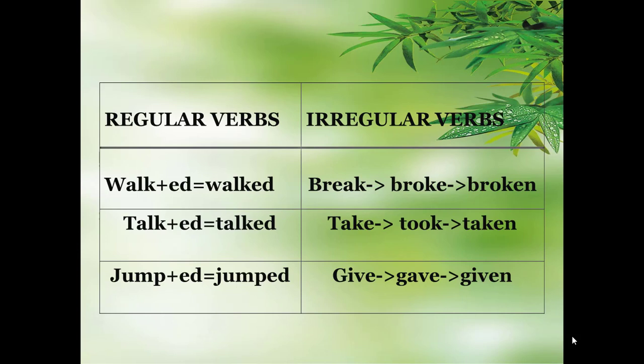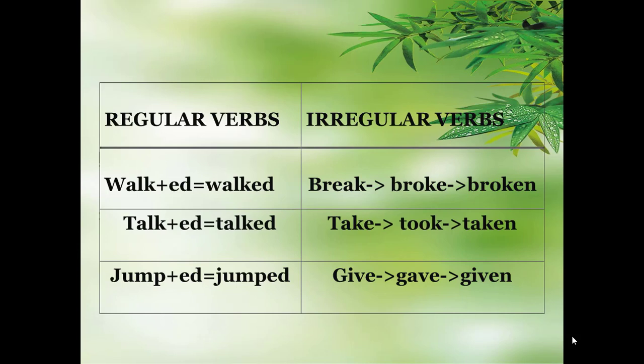Look at the side of the regular verbs. Walk plus ed equal to walked, talk plus ed equal to talked, jump plus ed equal to jumped. Do you notice any similarity in all these three words? Yes, right?